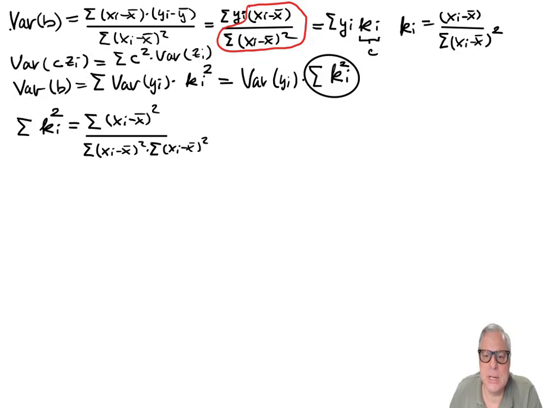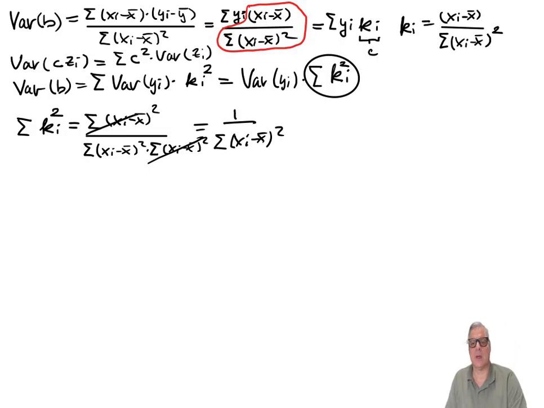Well, and then we see that once it cancels out, and this term becomes simply 1 over the sum of xi minus x bar, and then the parentheses, squared.